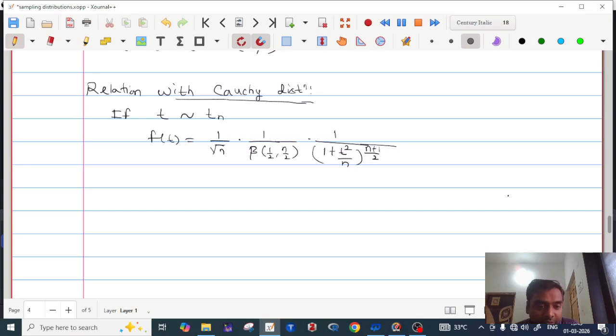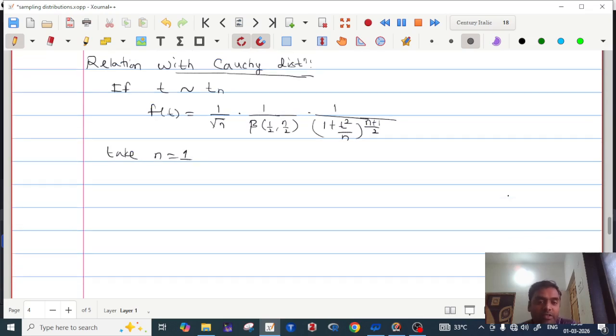So if you take n equal to 1, note what happens here. In the PDF of the t distribution with 1 degree of freedom, we get f of t. Beta of 1 by 2, 1 by 2 will be root pi.